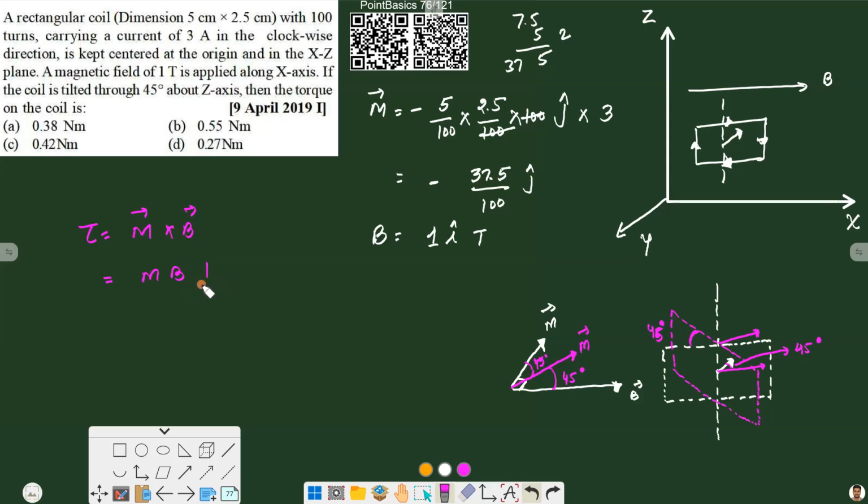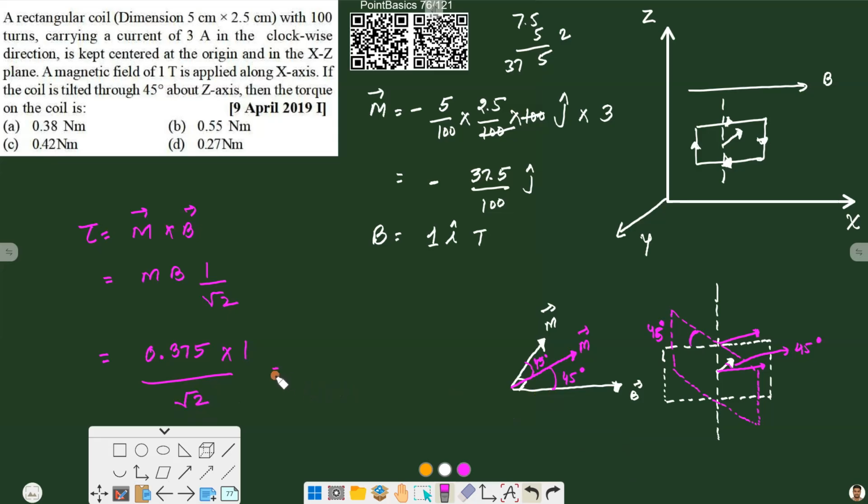is 1 by root 2. So the final answer will be, we have the magnitude of M, we have the magnitude of field, and multiplication divided by root 2. So it will be 0.375, that value of M, multiplied by 1 divided by root 2.